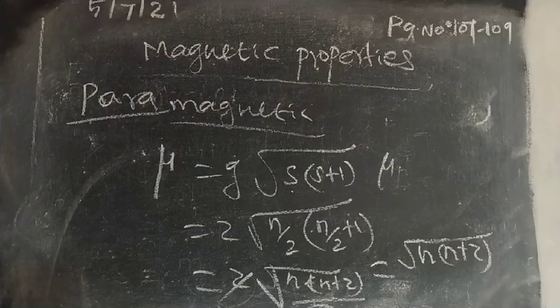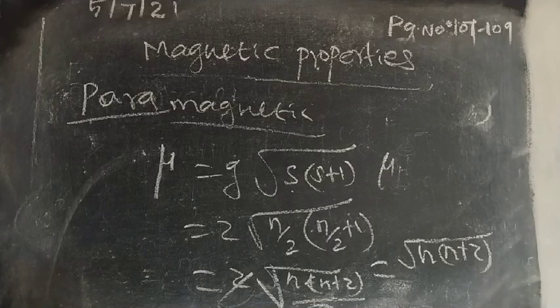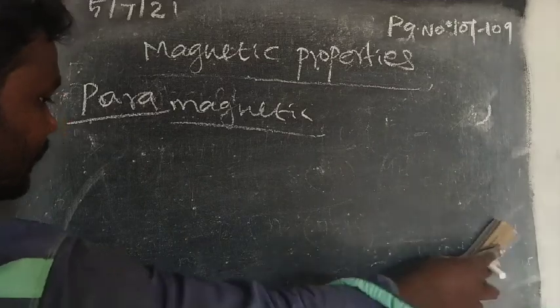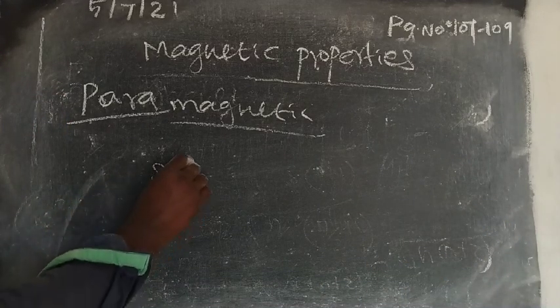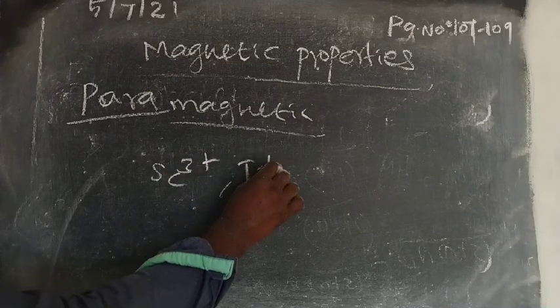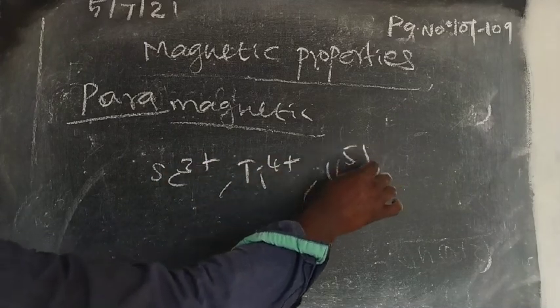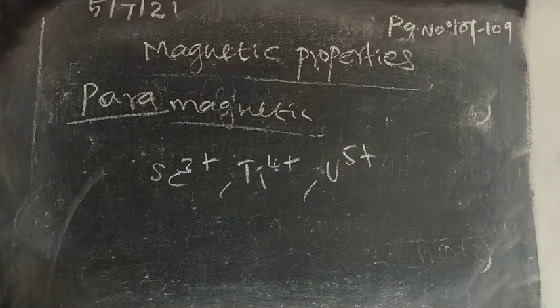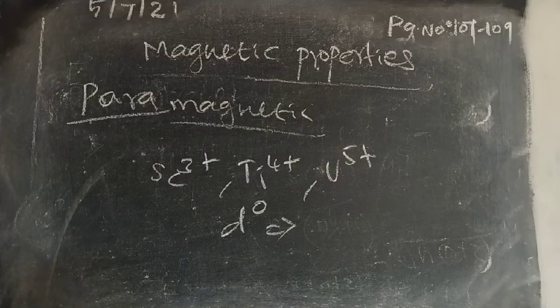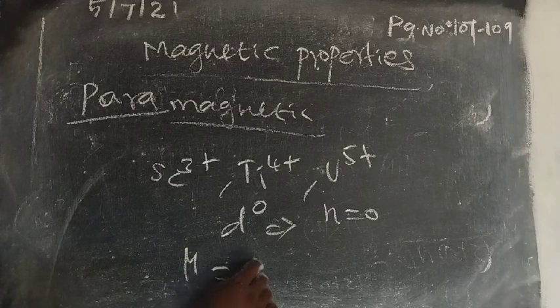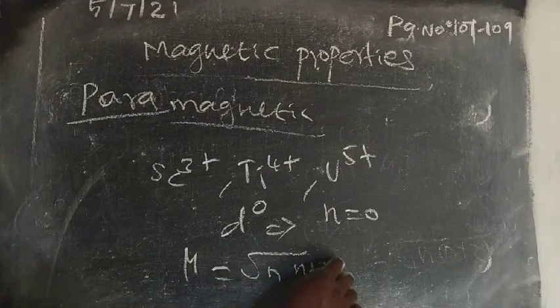The paramagnetic values are given for many ions. That is very important. We will see some examples. Scandium 3+, titanium 4+, vanadium 5+ all have outer electronic configuration d0. So the number of electrons is 0, and mu is equal to root of n into n plus 2.